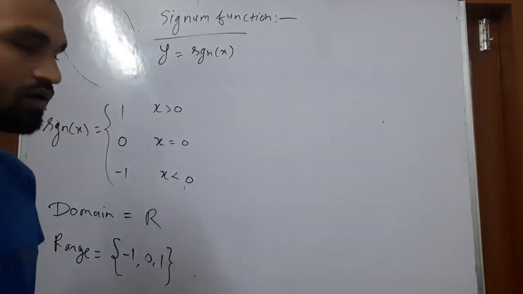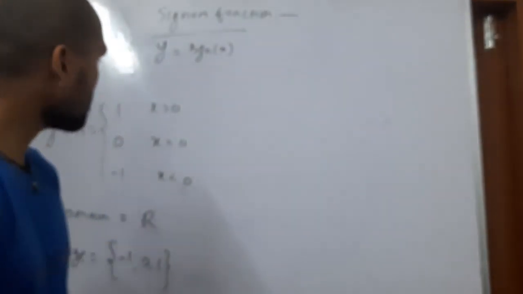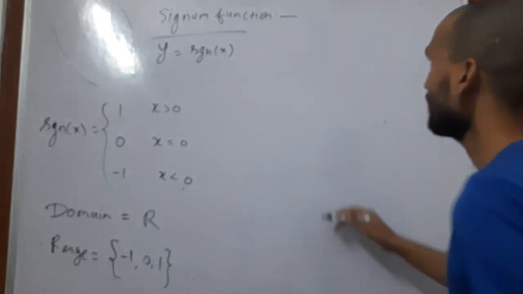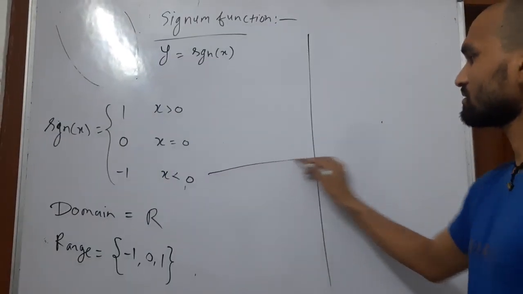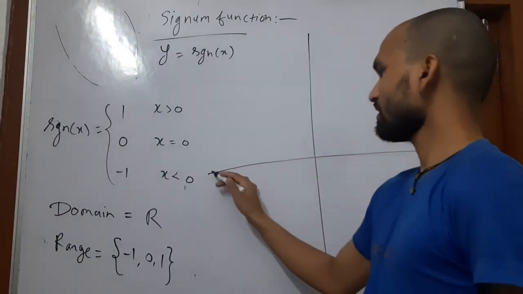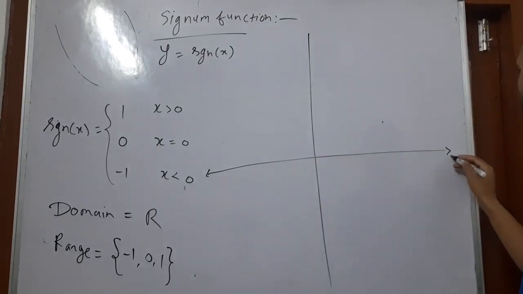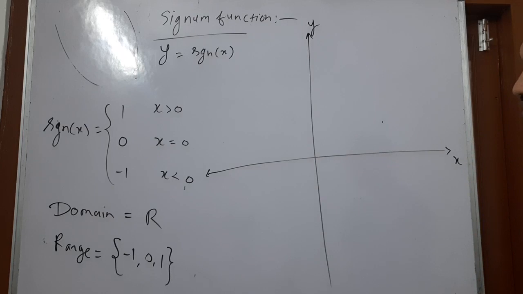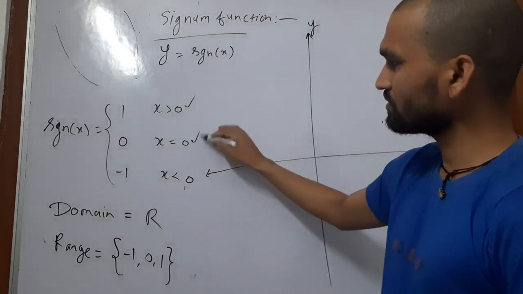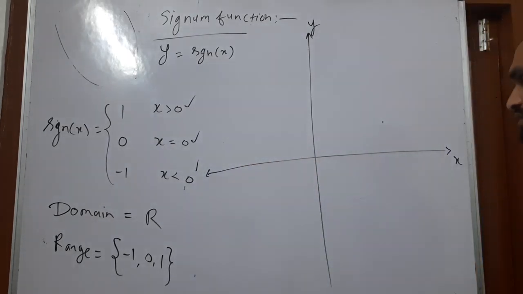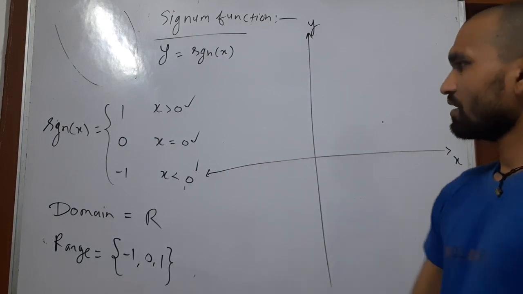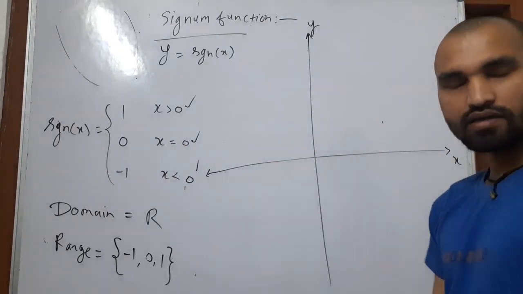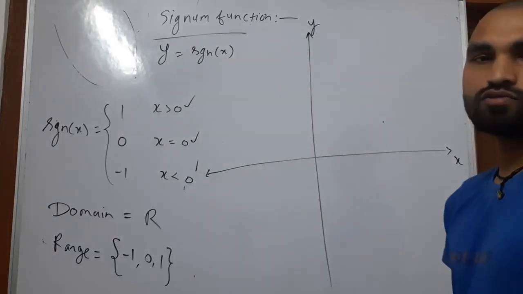Okay. Now we should learn the graph of signum x. So we draw the x and y axes. Here this is the x axis and this is the y axis. Now we take all conditions of x. First, let us discuss x equal to 0. When x is 0, y is also 0.